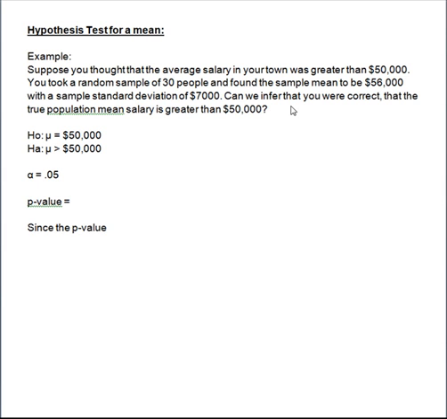The problem does not say what alpha is or the confidence level, so we use 0.05 as the industry standard or default value. We have to calculate a p-value and then draw a conclusion. But first we have to see if the sample result could possibly infer the alternative hypothesis.